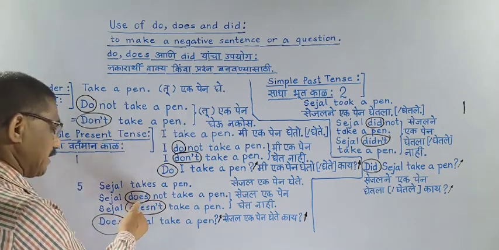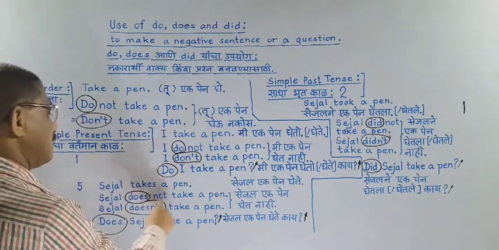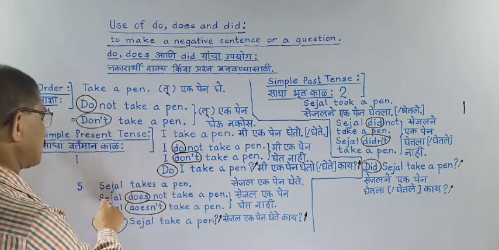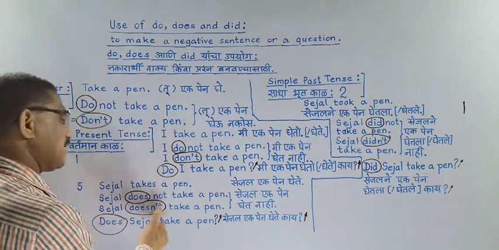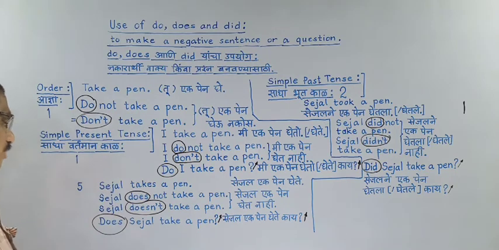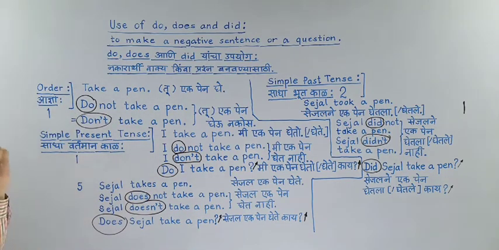So we created here does as a guest helping verb, and take after not. Sejal does not take a pen. Sejal doesn't take a pen, shortened. And if we want to make a question, take does in the beginning and create the sentence: does Sejal take a pen? This is again the verbal question.